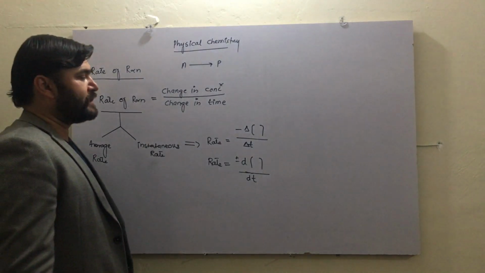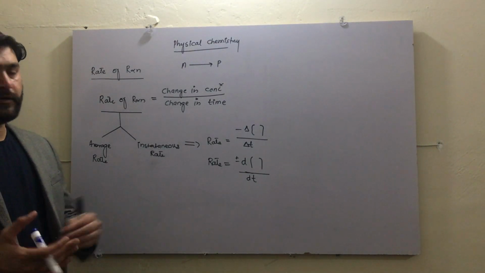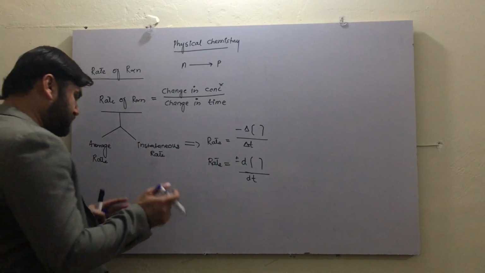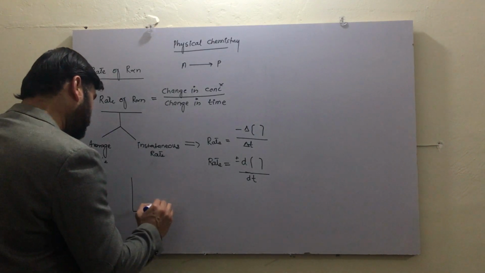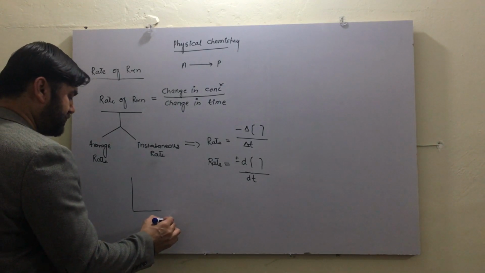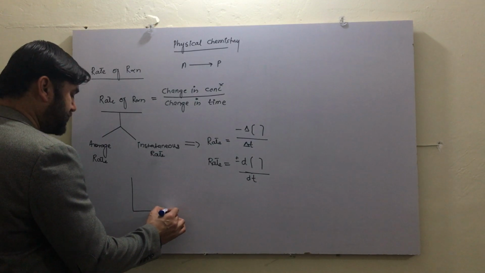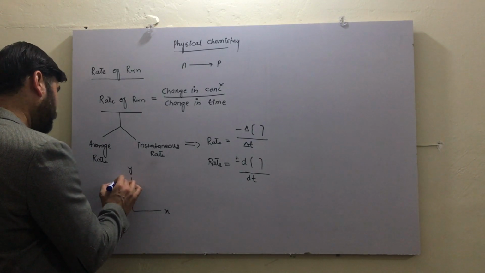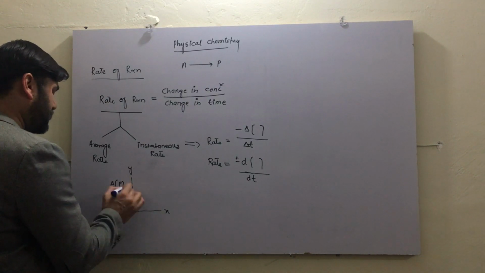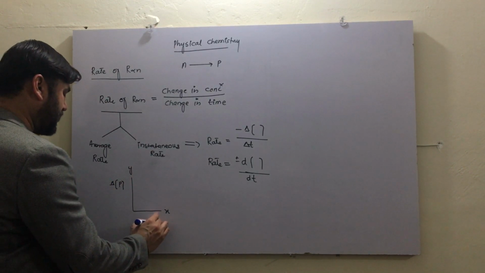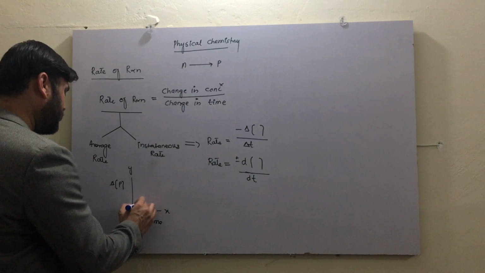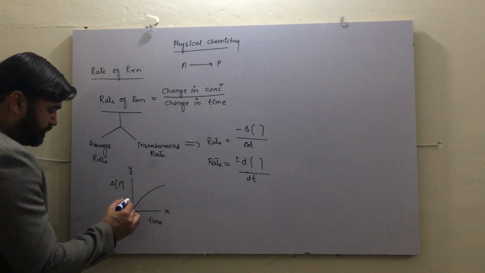Today we are going to take one important topic, and first let's have a quick recap of the previous lecture. Suppose there was a reaction with concentration of product, change in concentration, on the y-axis, versus time on the x-axis.